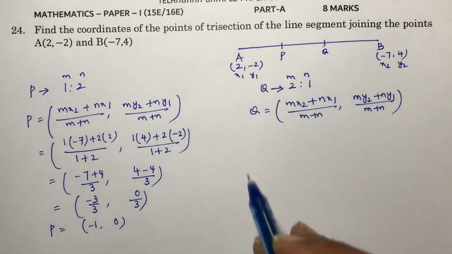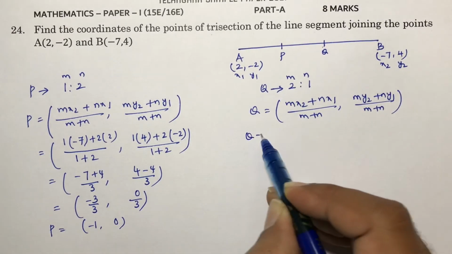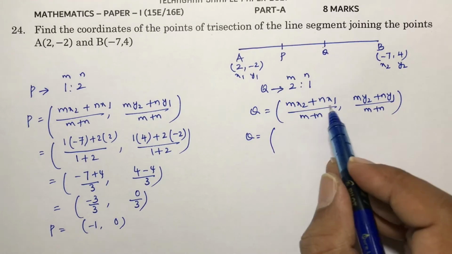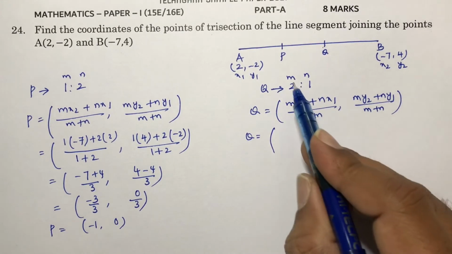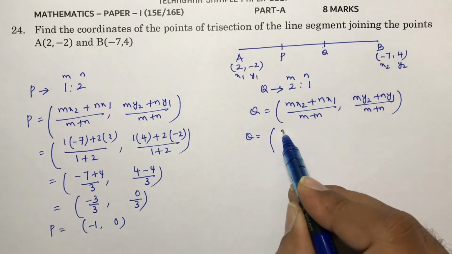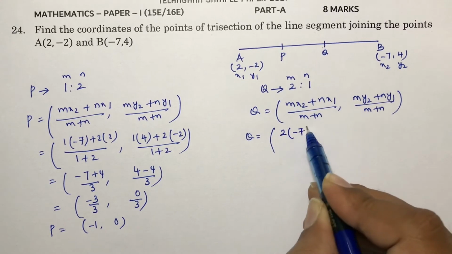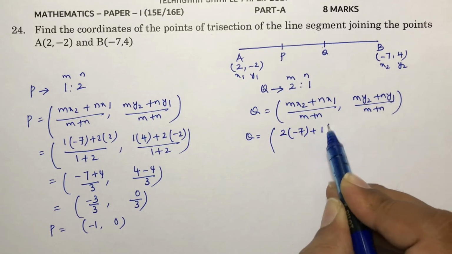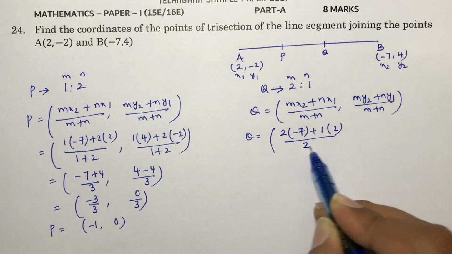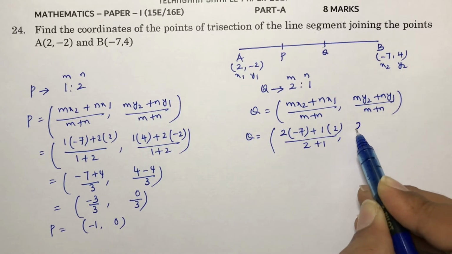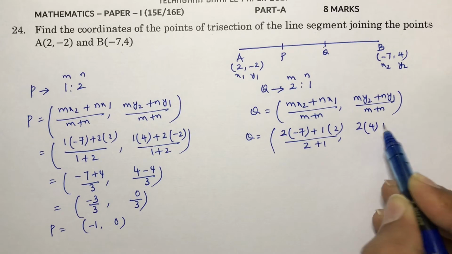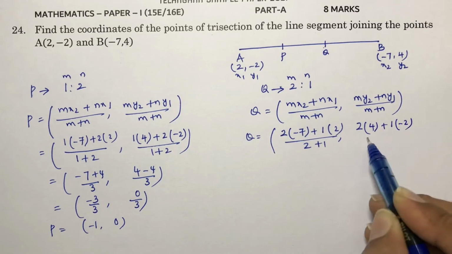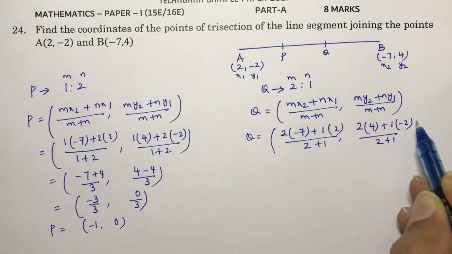So to find Q, the ratio m:n is 2:1. So 2 into -7 plus 1 into 2, by 2 plus 1. M is 2, y2 is 4, n is 1, y1 is -2, by 2 plus 1.